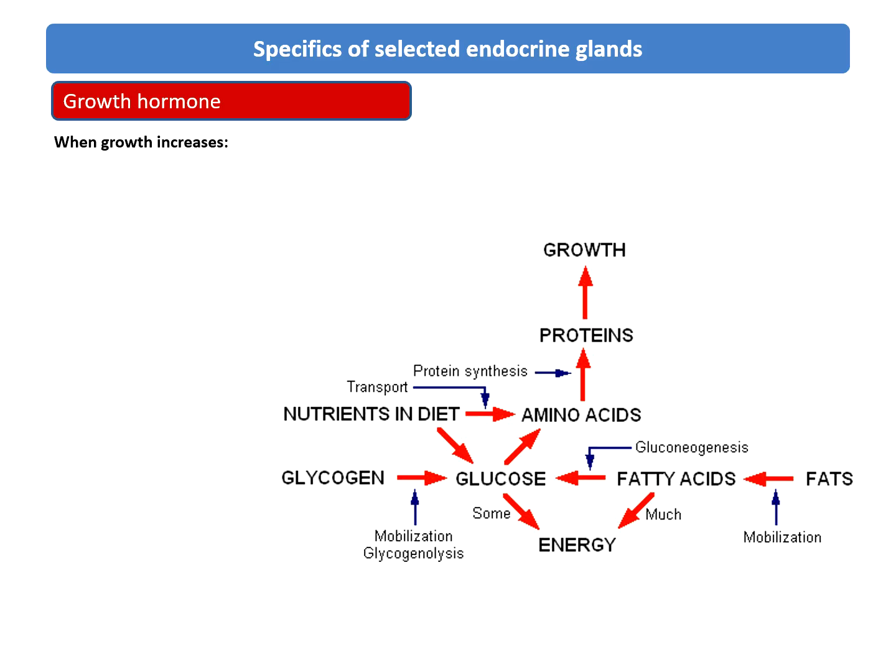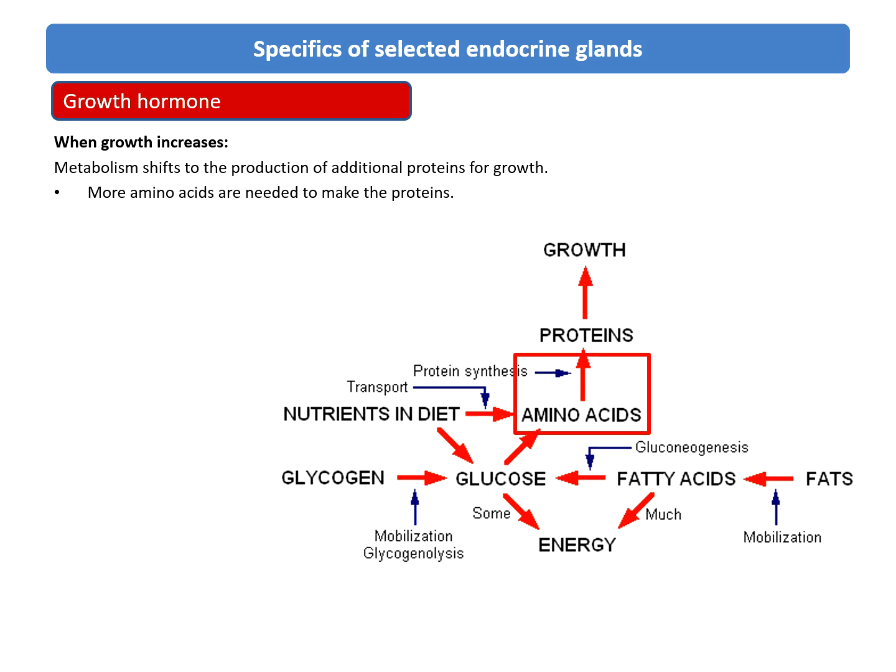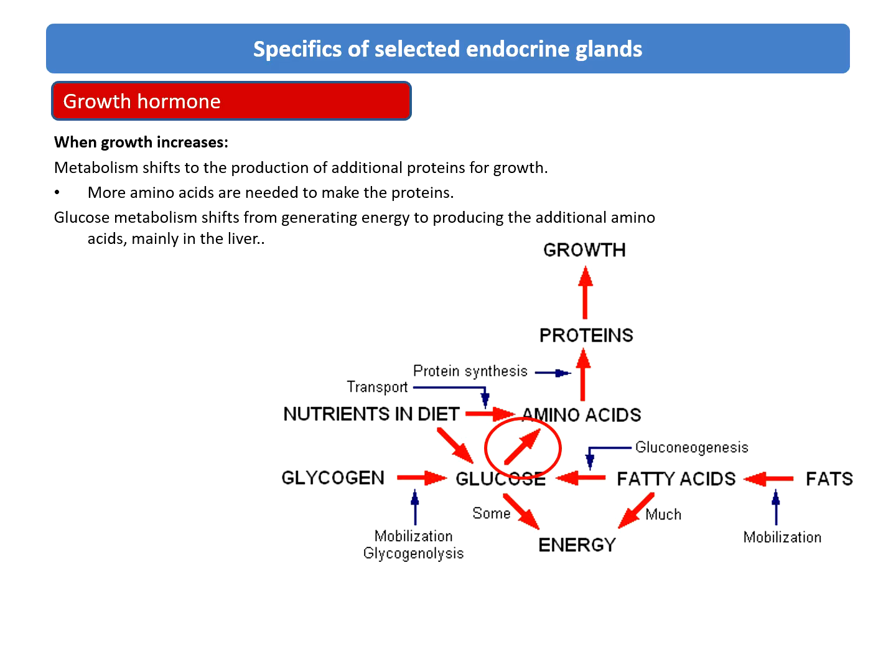When there's an increase in growth, however, there has to be a shift in metabolism. Metabolism shifts to the production of additional proteins for growth. More amino acids are needed to make the proteins. Glucose metabolism shifts from generating energy to producing the additional amino acids, mainly in the liver.